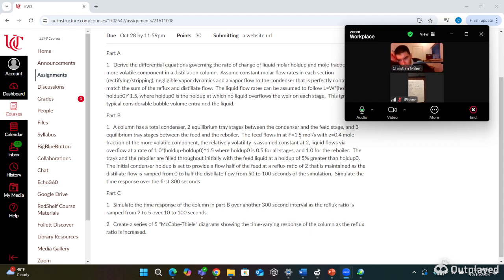The initial condenser holdup is set to provide a flow half of the feed at the refill. Okay, I see. Half of the condenser. So, shoot, I would have to go back and check this, but I don't know what that means.